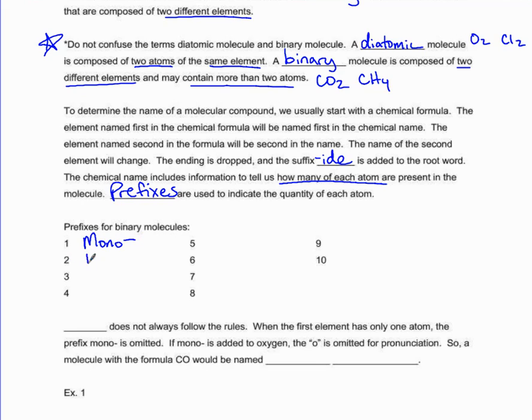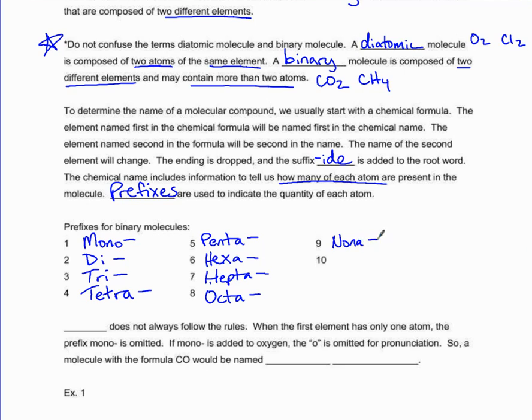When we have 2 of them, its prefix will be di. 3 is tri. 4 is represented by tetra. 5 is penta. 6 is hexa. 7 is hepta. 8 octa. 9 nona. And 10 deca.